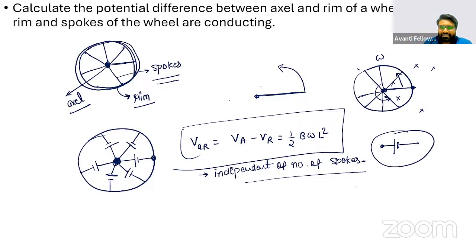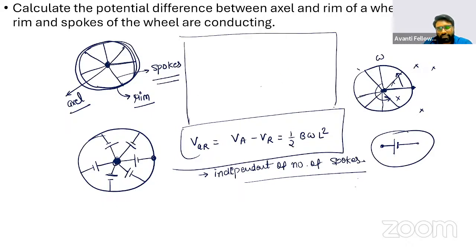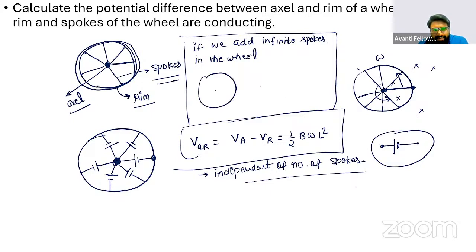So suppose we attach an infinite number of rods, infinite spokes, in the wheel, adding them like this from the axle.